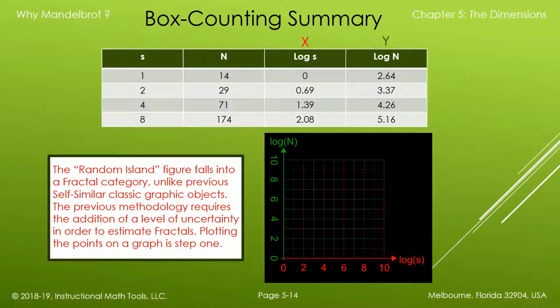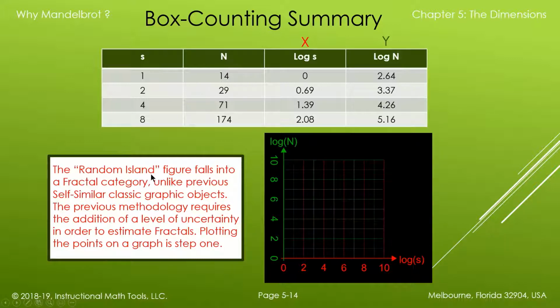So now we have a summary for scaling factors 1, 2, 4, and 8. We have boxes touched 14, 29, 71, and 174. We're going to take the log of those. You'll find out why in a minute. So the log of 1 is 0, and so on. And the log of 14 is 2.64, and so on.